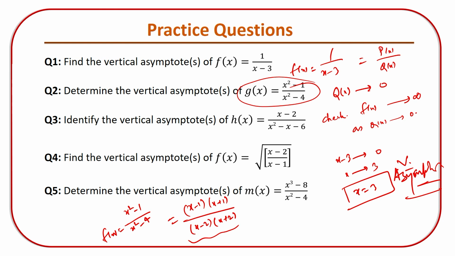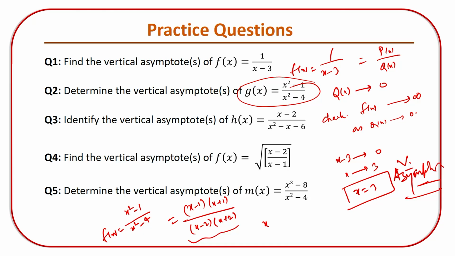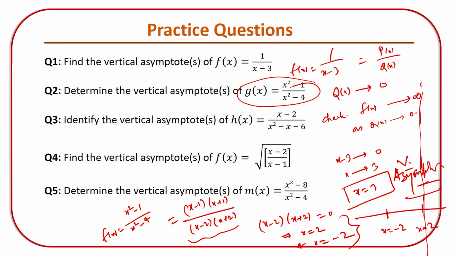Henceforth I have to equate the denominator to 0. So (x minus 2)(x plus 2) is equal to 0. That gives me x equal to 2 or x equal to minus 2. So there are two asymptote lines, x equal to 2 and x equal to minus 2. These two vertical lines which are parallel to the y-axis will become our vertical asymptotes.